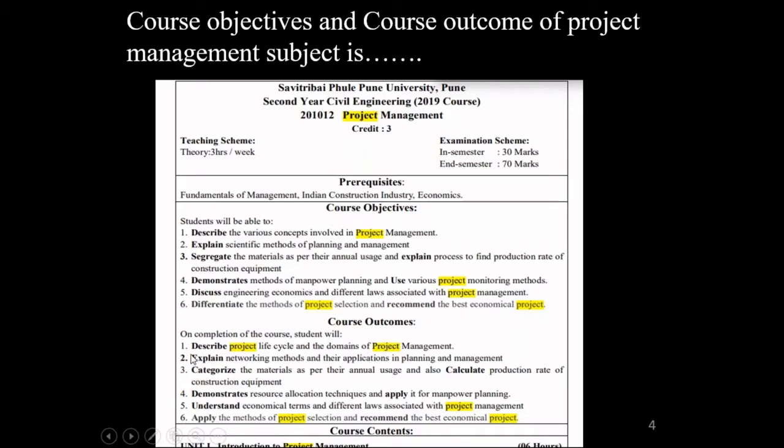project. Whereas the outcome of this project management subject is the student will be able to describe project life cycle and domains of project management.